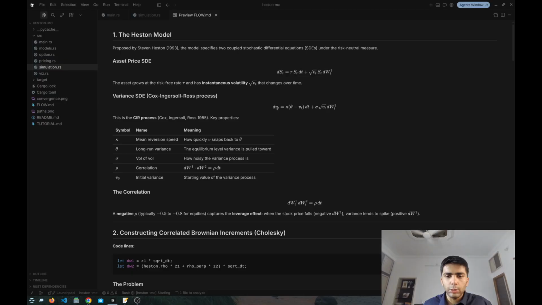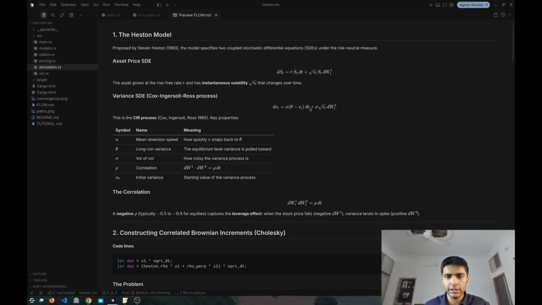And the second one is the mean reverting equation. Intuitively you can think of it like this: as the variance increases, generally the volatility tends to revert back to its long-term mean. So that is what this equation is representing.